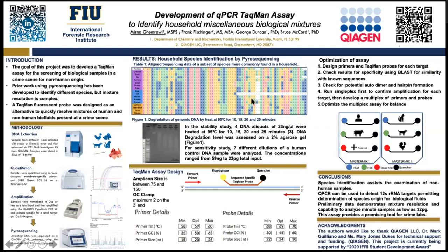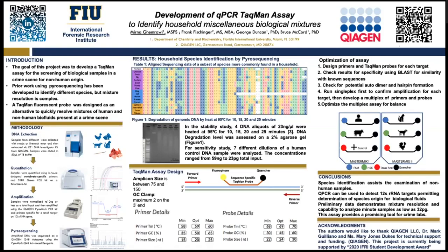We also tried some mixtures, and we tweaked our primers to make sure they don't do any preferential amplification of one species over another. We were able to deconvolute mixtures to some extent by using manual Excel sheets that we created to come up with a conclusion.